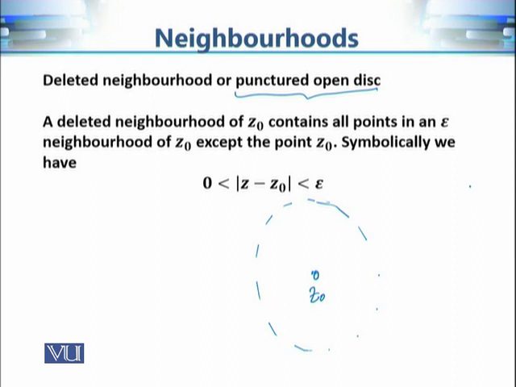Mathematically speaking, it is the set of all points z whose distance from z0 is strictly less than epsilon, and the distance is not equal to 0, so it is strictly greater than 0. Of course, in this open disk, there is only one point whose distance from z0 is equal to 0, and that point is z0. If we exclude that point, then we get this punctured disk.